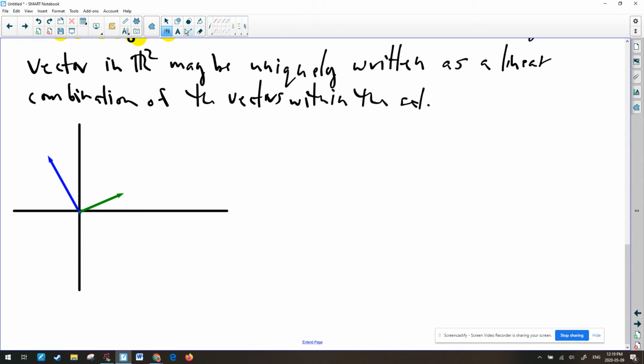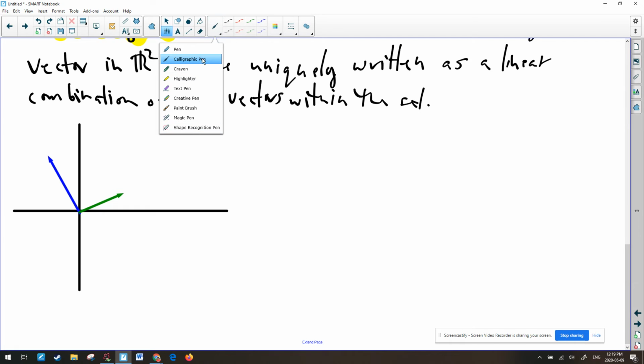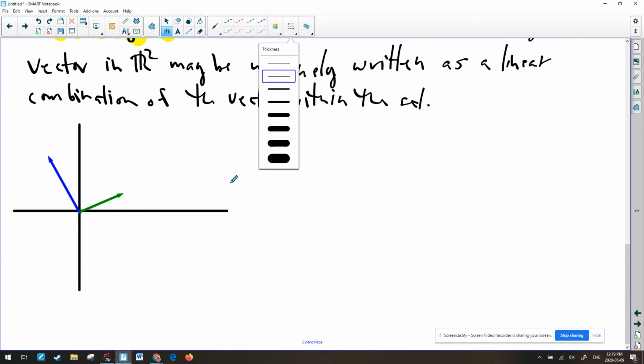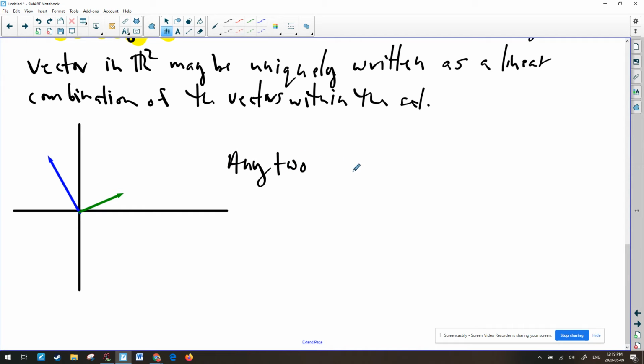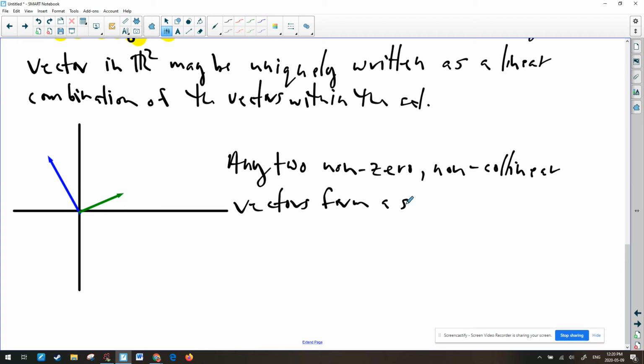So that's important to acknowledge, and I'm going to write that down. Any two non-zero, non-collinear vectors form a spanning set in R2.